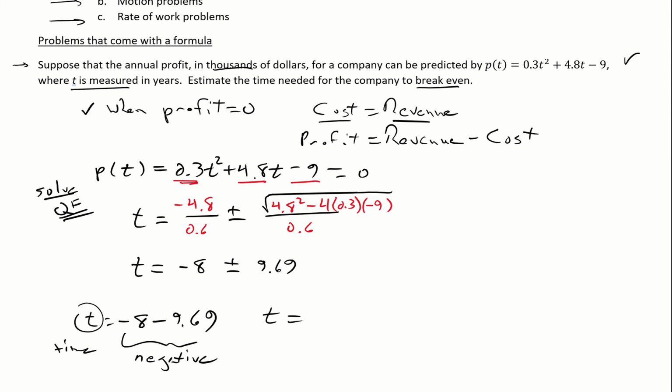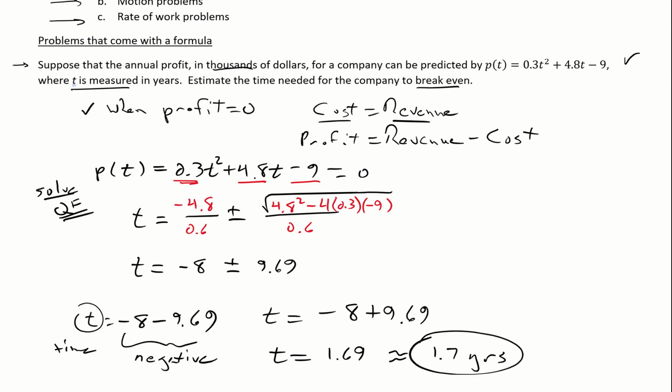But the other choice is minus 8 plus 9.69, which gives us an answer of roughly 1.69, or about 1.7 years. That problem is done. It'll take 1.7 years to break even with this company. It takes a while. They put in a lot of money up front, and then they make money, and finally they're breaking even, and that's a special day.